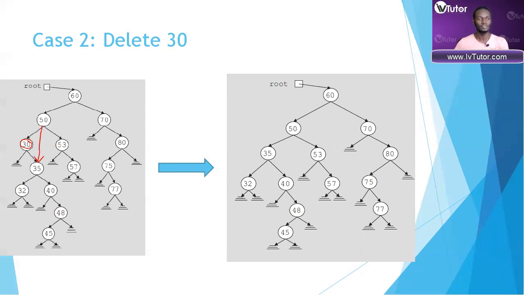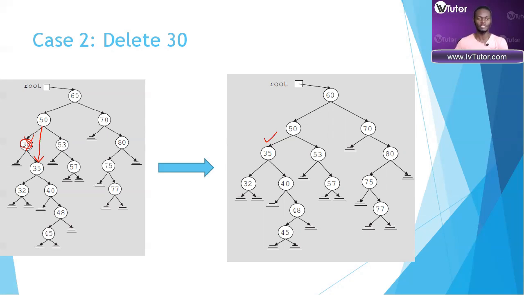And then you can delete this one, which means after doing this, you can see that your 50 is pointing at 35 and everything else stays the same. So with case 2, where you have only a right subtree, you just have to take the link of the parent and point it to the right subtree of the node that you want to delete, and it's gone.